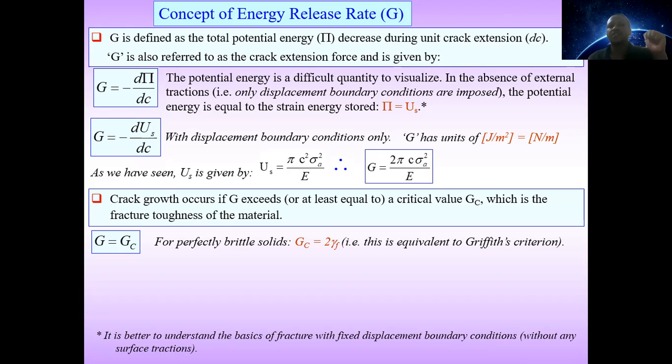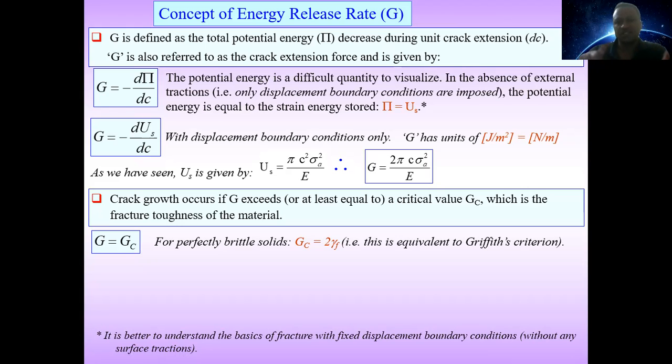The potential energy is a difficult quantity to visualize. In the absence of external traction, that means we are applying a displacement controlled loading condition or boundary condition, the potential energy is equal to the strain energy stored in the plate.